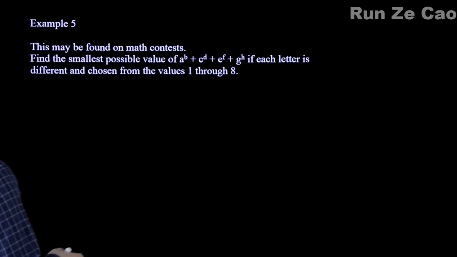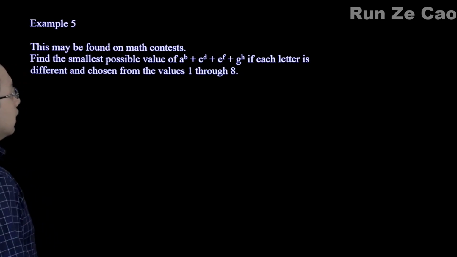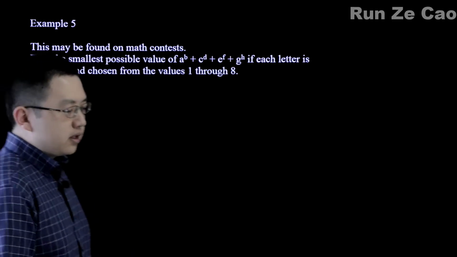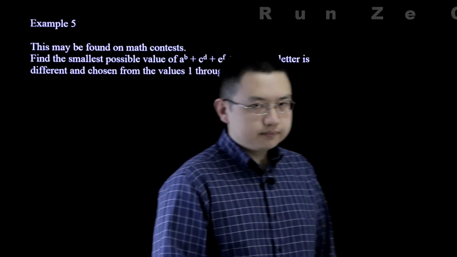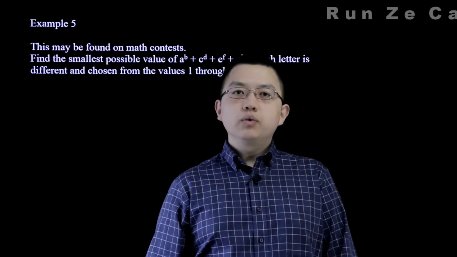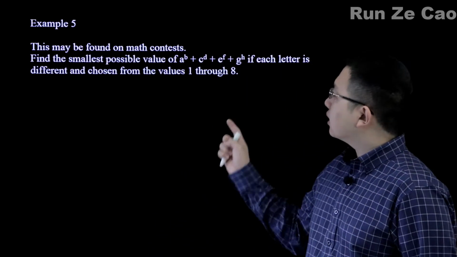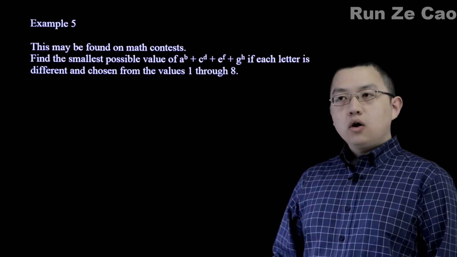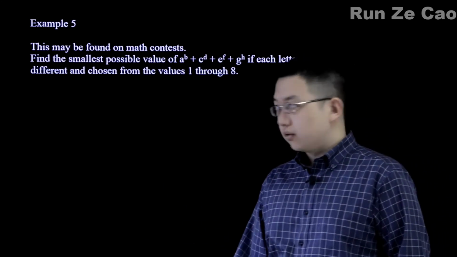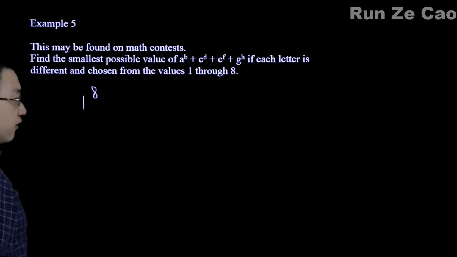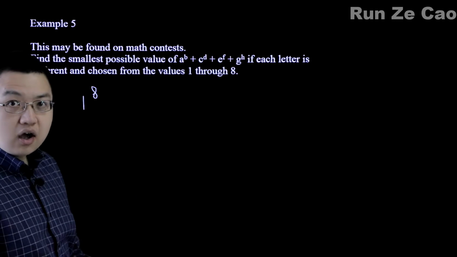Well, here, how do we make the value of an exponent as small as possible? Well, we know that we want the 8 to be used either as a root base or as an exponent for 1. So say 1 to the 8th, because 1 times itself 8 times is going to be 1.